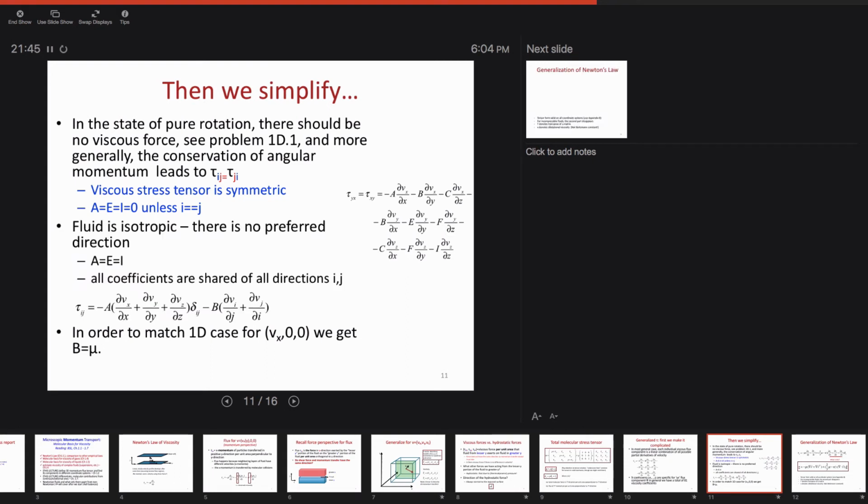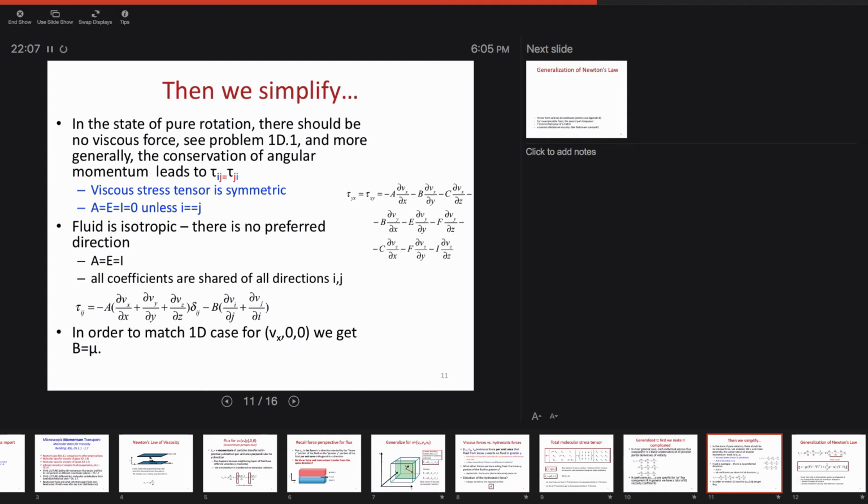And then also my fluid is isotropic, so there's no reason for me to think that there is a preferred direction in the fluid. For Newtonian fluids like water, that's totally true. For something like those suspensions we've mentioned, that's where it could get complicated depending on what I'm suspending.